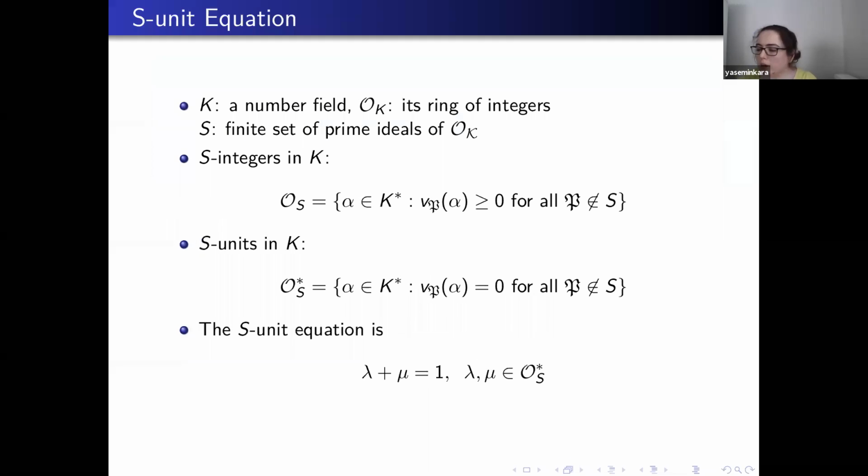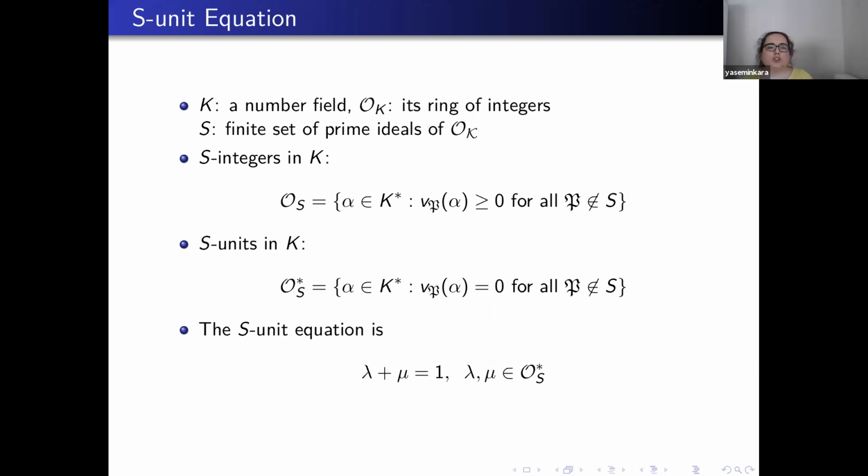Okay, now let me define actually what we mean by an S-unit equation and S-units. So if you have a number field K, then by O of K, we denote its ring of integers. Here, S is a finite set of prime ideals of this ring of integers, okay?